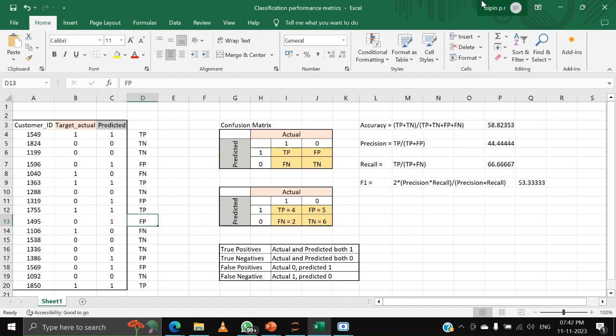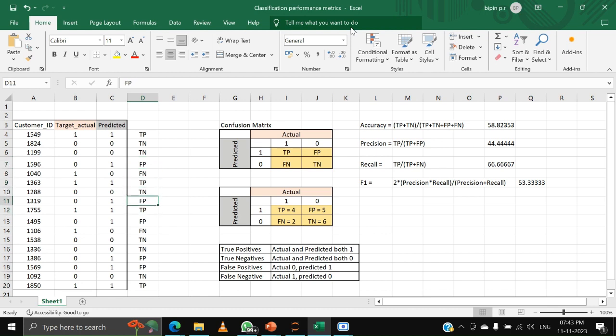So false positive. So like that, true negative and false negative also. This should be positive actually, but predicted as 0. It's false, and we are getting negative. So false negative. So this is the way in which we categorize the outputs into true positive, true negative, false positive, and false negative.